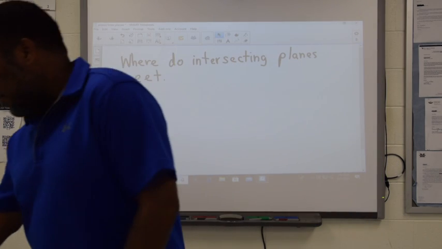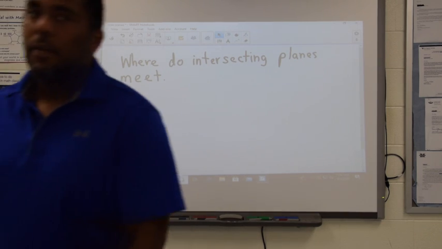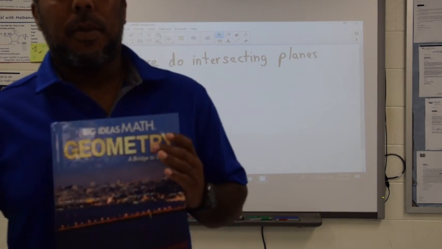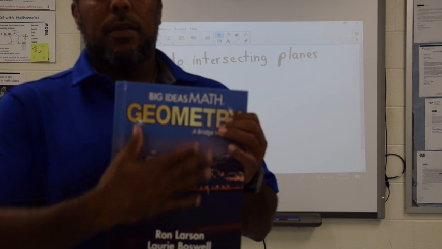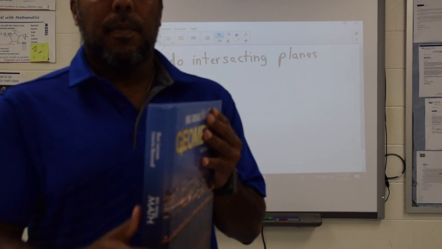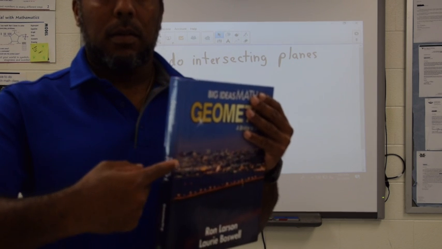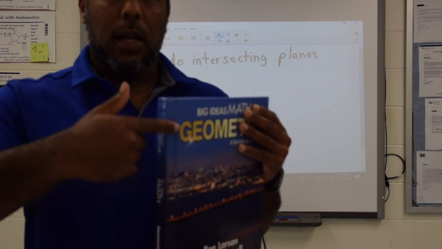We could also say we have this handy dandy geometry book. We have this front face, this plane surface. We have this side face, and it intersects right here along this line.